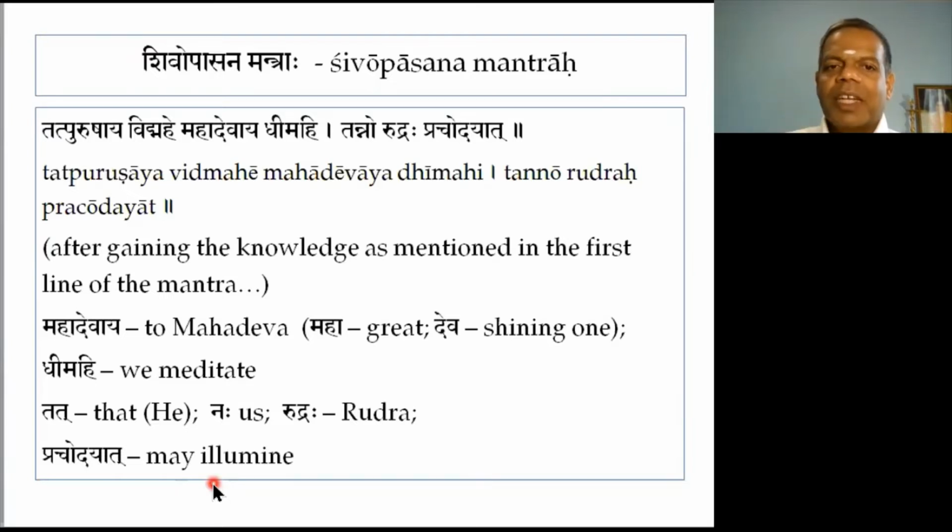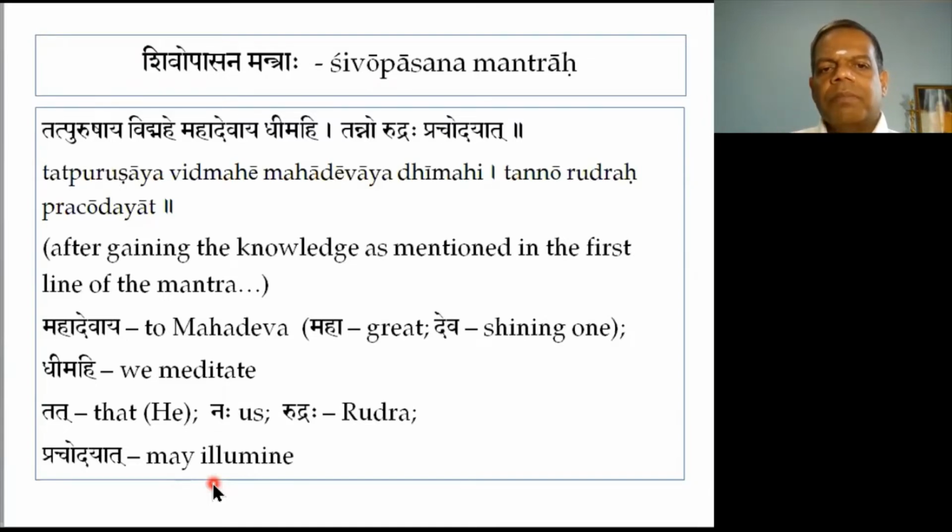That is the attempt at manana. Mantra means in our mind we have to churn it. Chanting is only done by the mouth. Ucharana is by the mouth. But mantra means it has to be dwelt on in the mind. We have to repeatedly contemplate on the mantra. That's why mananat trayate iti mantra, which I think we have already looked at.